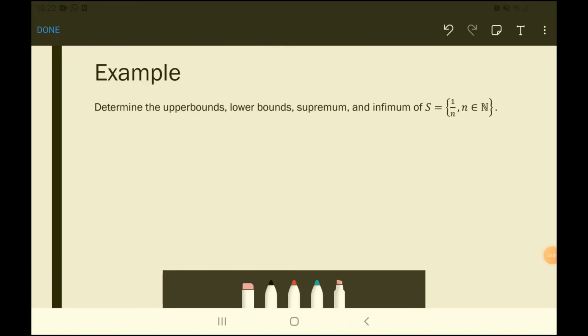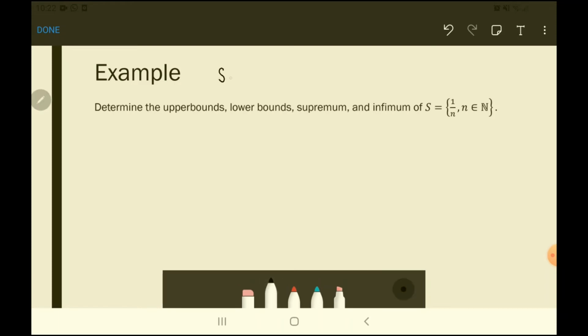Okay, now let's look at an example. We are asked to determine the upper bounds, lower bounds, supremum and infimum of the set S. The elements of set S are 1 over n, with n an element of the natural numbers. We need to understand the set first.